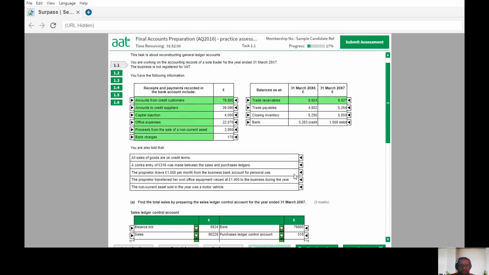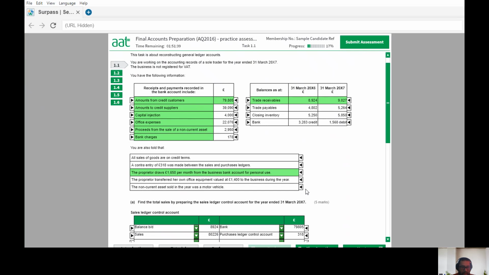Yeah, and then obviously we have done the withdrawal. This one, on the other hand, because there's no cash involved, because the owner herself transferred an asset into the business instead of cash, therefore there's no need to update the bank account with this information.